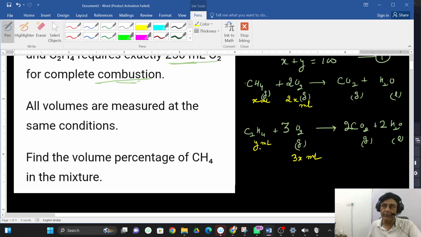We know that volume and number of moles are directly proportional, by Avogadro's law. So X plus Y is equal to 100, and 2X plus 3Y is equal to 250.